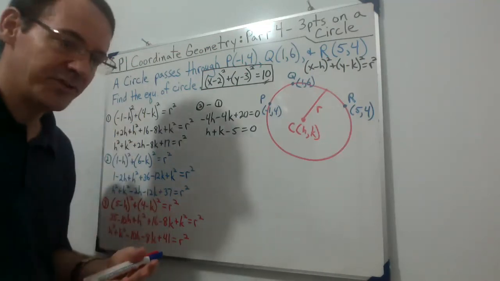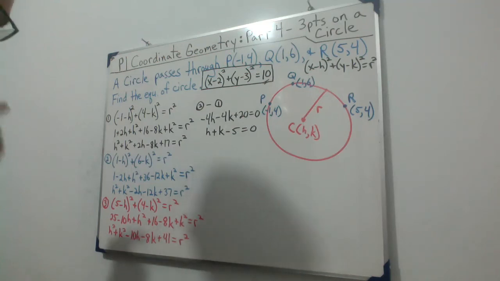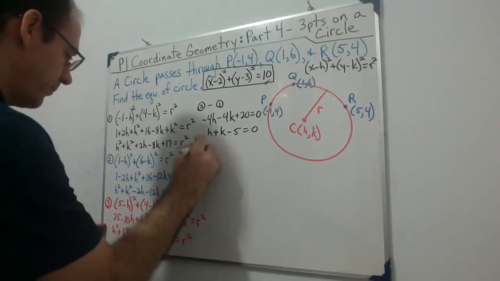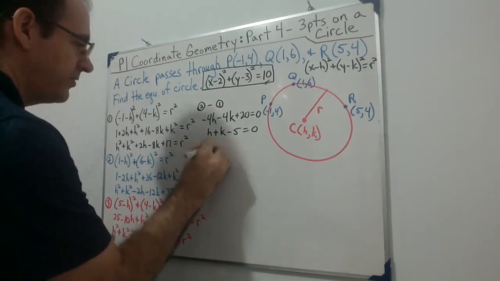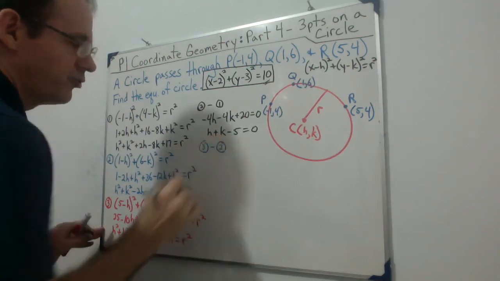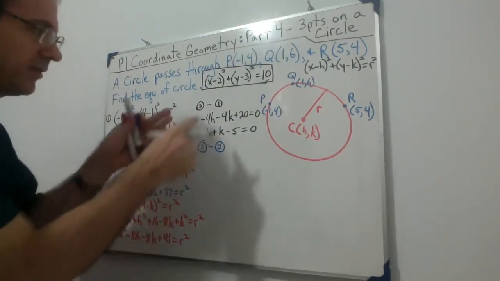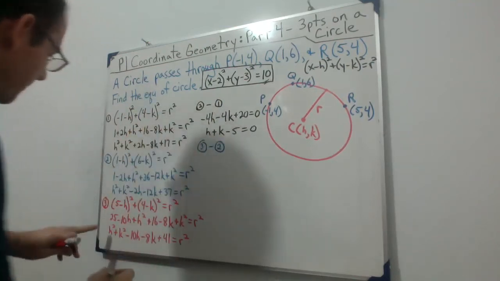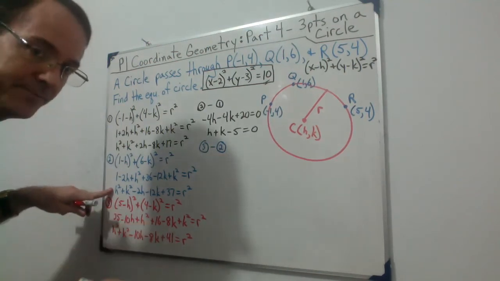Now we want to do the same thing, but with a different 2. So let's just take the last one. Let's take number 3, and subtract number 2. It doesn't really matter which ones you take as long as you take 2 different sets and subtract. So again, h squared minus h squared gone.